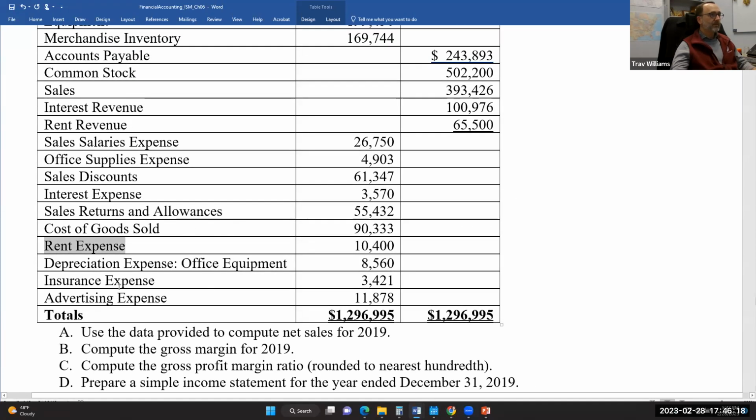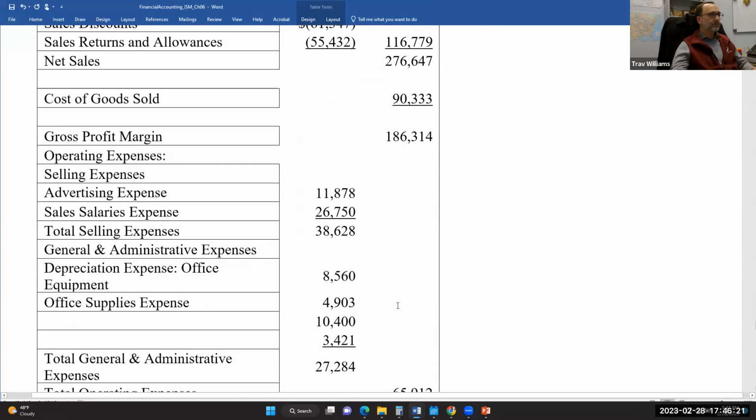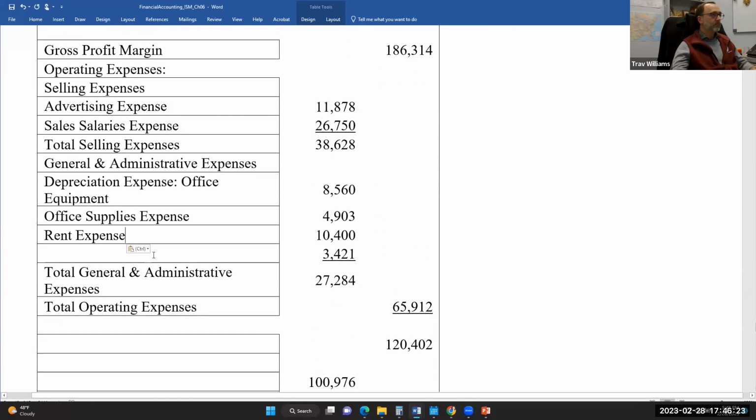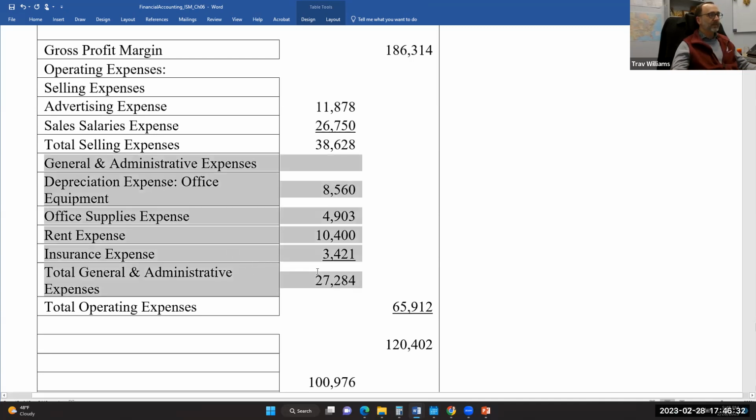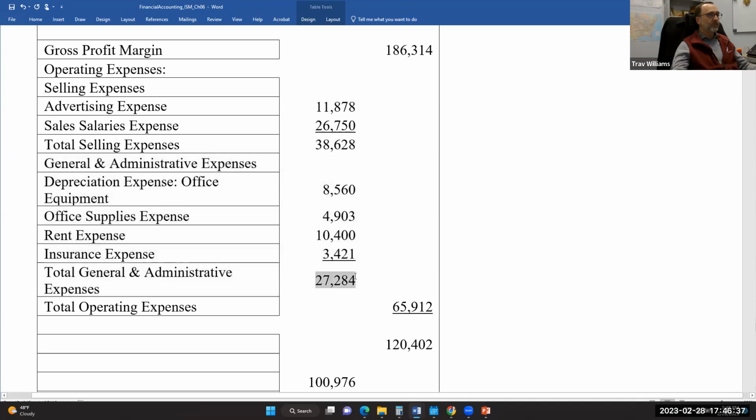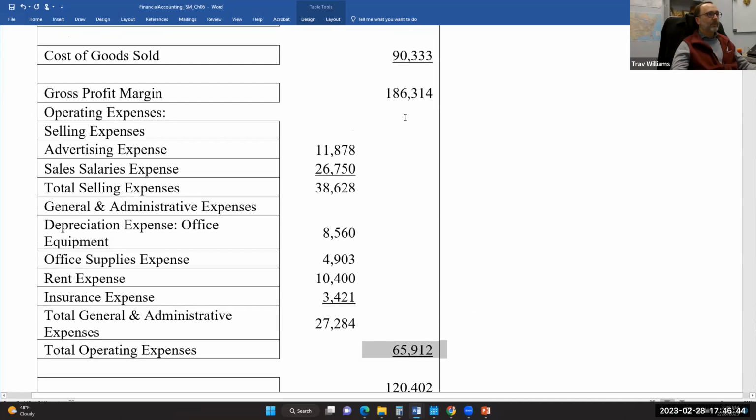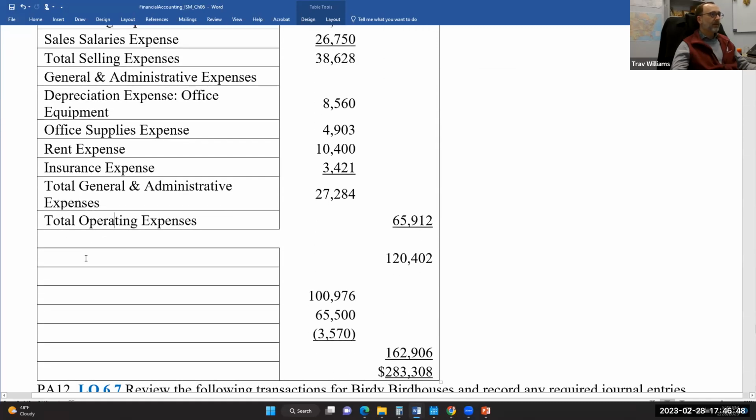So it's rent expense and insurance expense. Okay. So now we have all of our general and administrative expenses together. We take the selling expenses plus the general and administrative expenses. Together, they equal our total operating expenses. We subtract that from our gross profit margin, and we call that operating income.